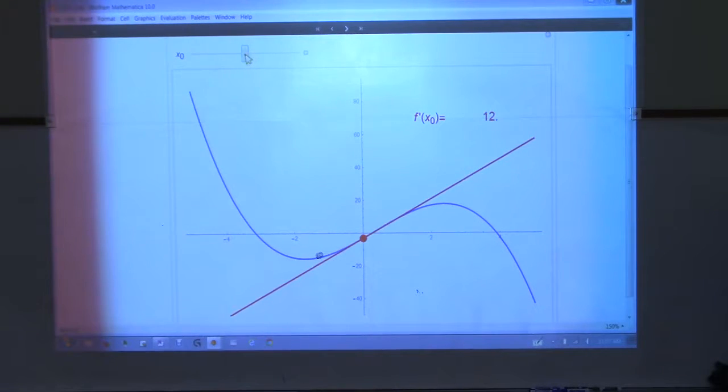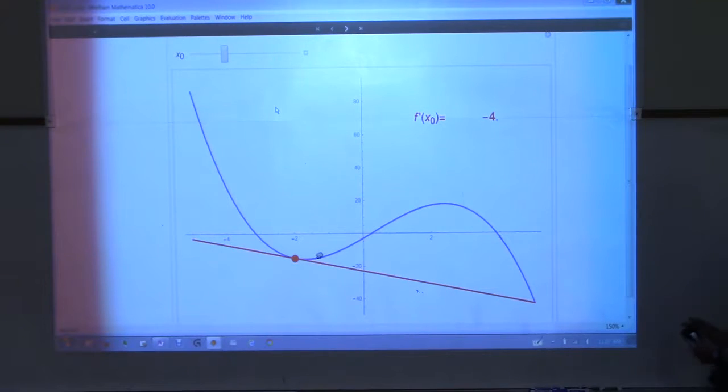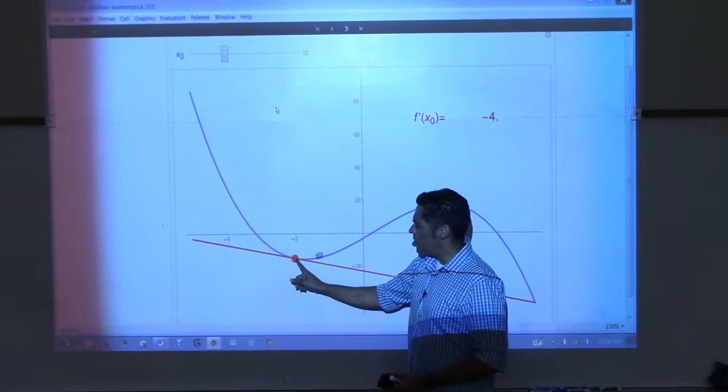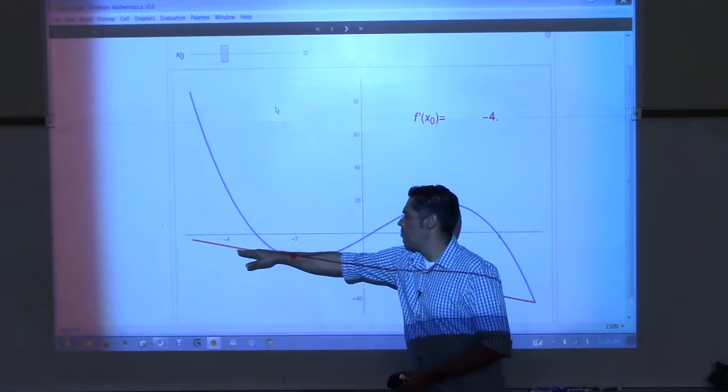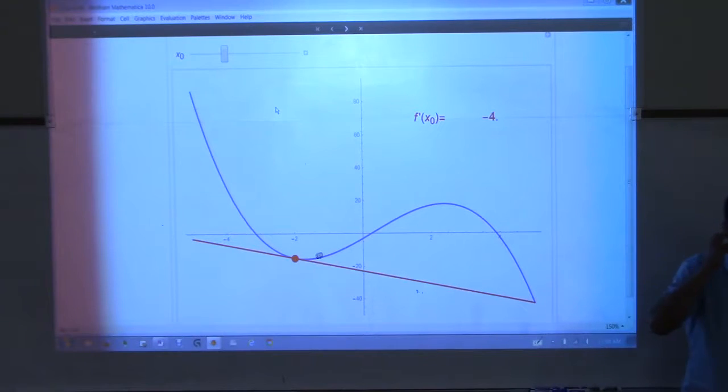So if I have some function, the slope of that red line is the derivative of that function at some point. So, here it looks like at about -2. Yeah, look, I'm right at it, -2. Looks like at -2, when we plug that into the function and we figure out the derivative at -2, we get this red line, and the slope of that red line is -4. Right? So that's what the derivative produced for us, the slope of that tangent line.